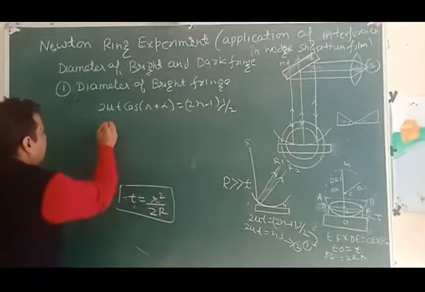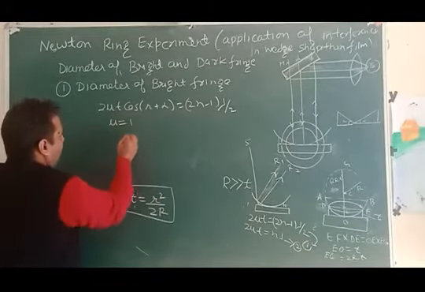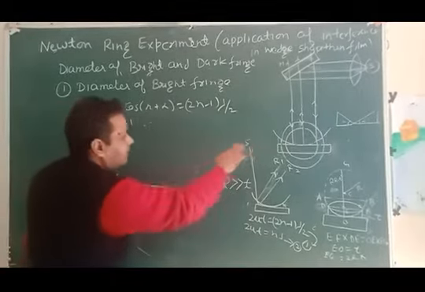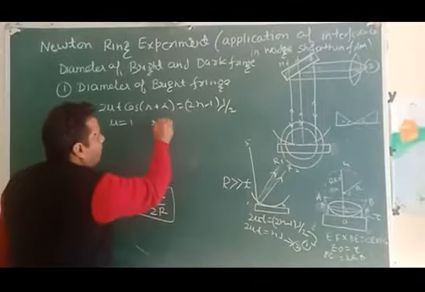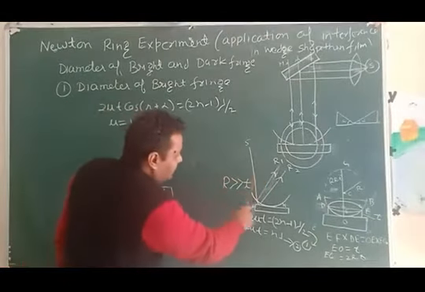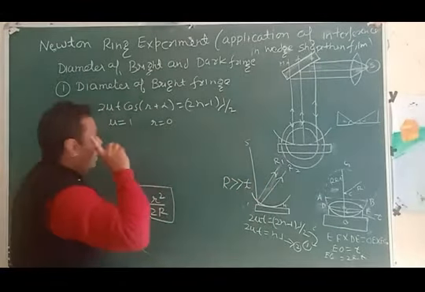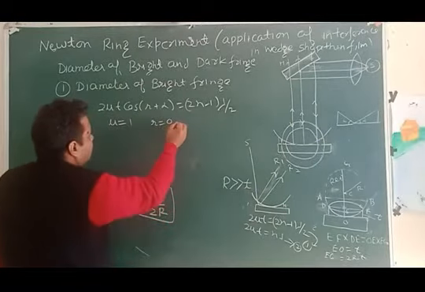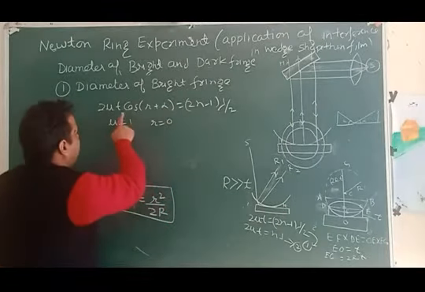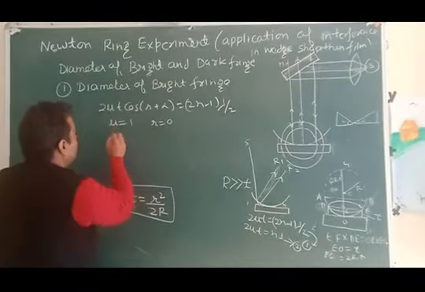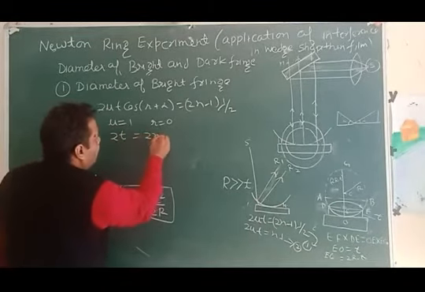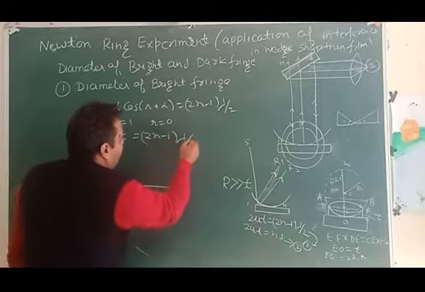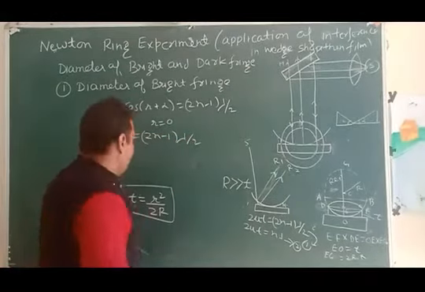Understand? When mu is 1 and r is 0, because of normal incidence, and alpha is the wedge angle, which is very small, this cosine term will be 1, so 2t is equal to (2n minus 1) lambda by 2.